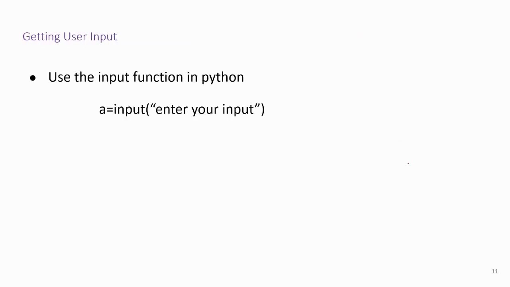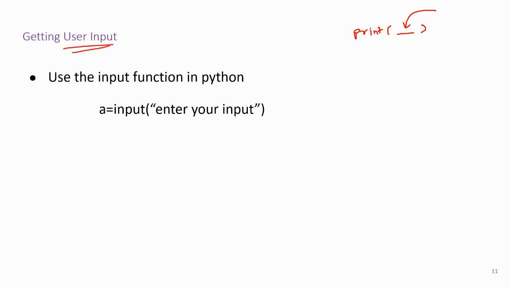Okay, now let us study one more instruction. Already we have studied the print instruction. The print instruction is used to print the item present inside these brackets. We have seen some examples already. The next one we are going to study is how to get the user input.